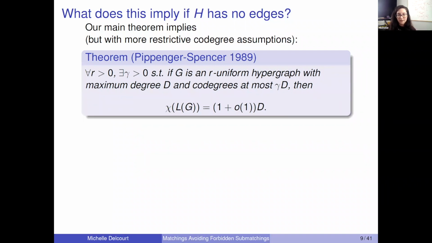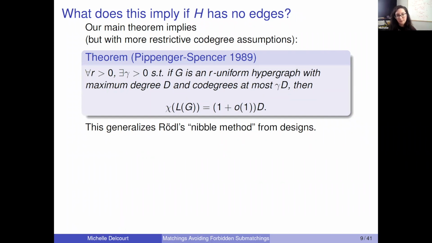Our codegree conditions are a little bit different, but morally, we have a uniform hypergraph with bounded max degree and bounded codegree conditions, and then we can find an independent set in the line graph of very large size. This is sort of encapsulating nibble type results from design theory. I'll say a bit more about this in a few minutes.